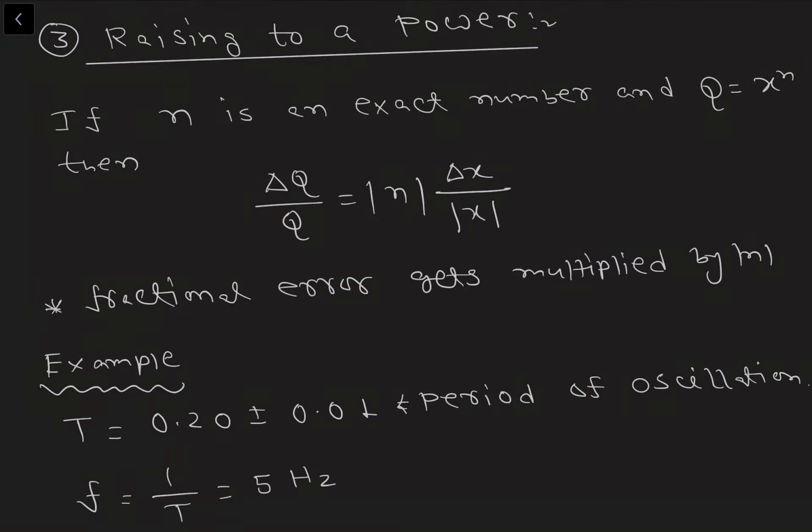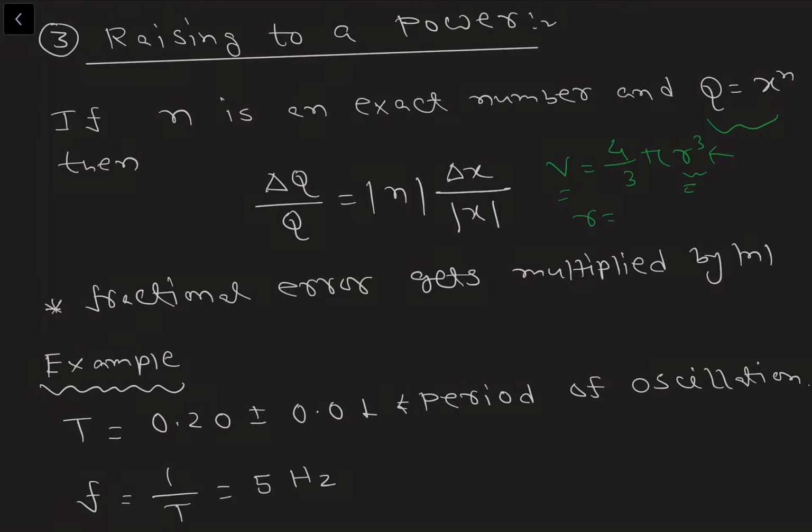Now we come to raising to a power. Sometimes we have to represent a quantity by a power of other quantities, like the volume of a sphere, which is given by 4 by 3 pi r cube. So volume depends on r to the power 3.